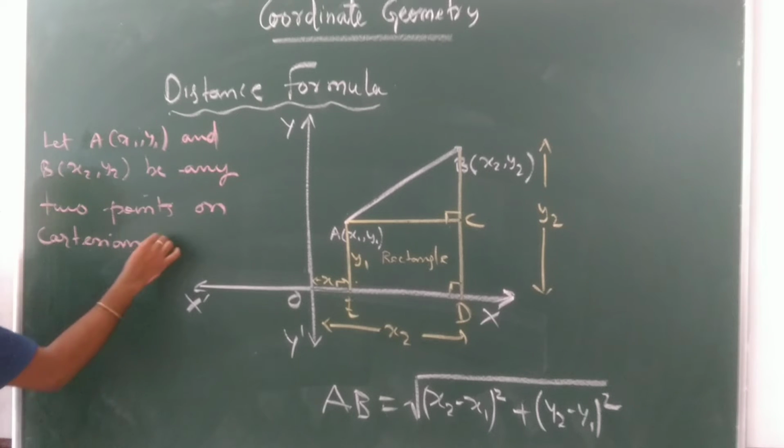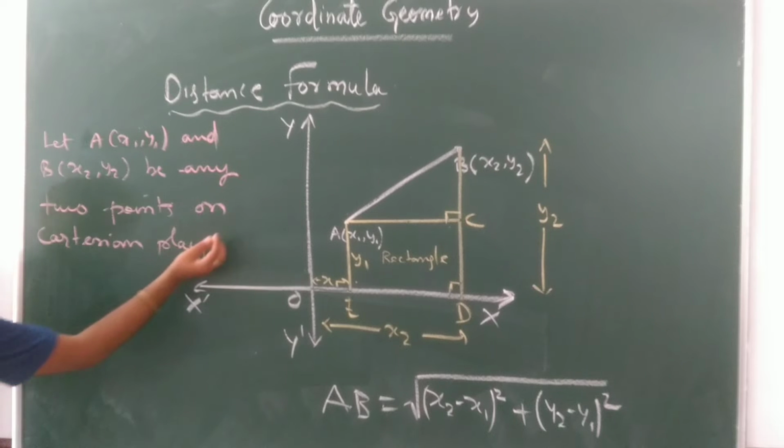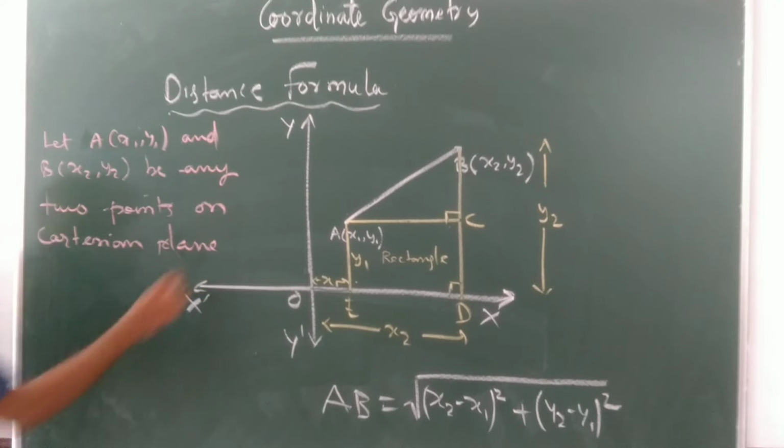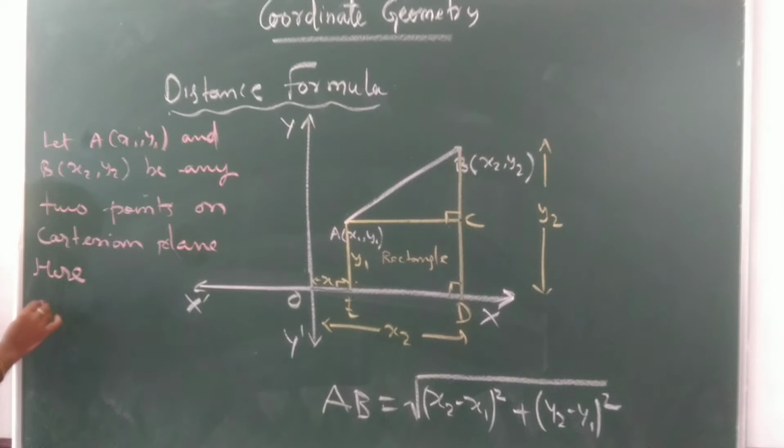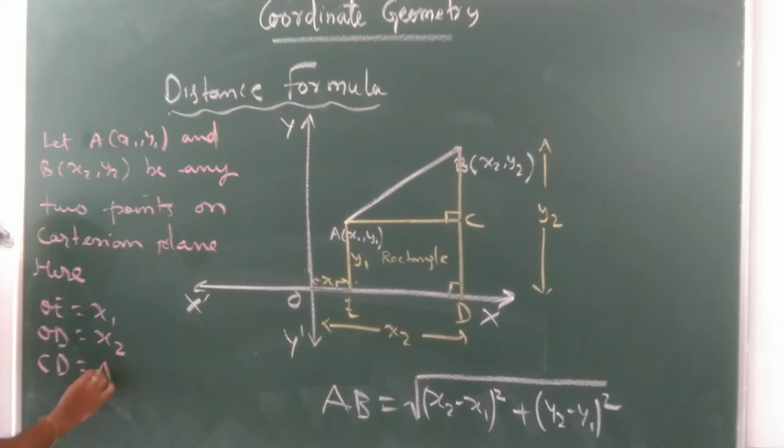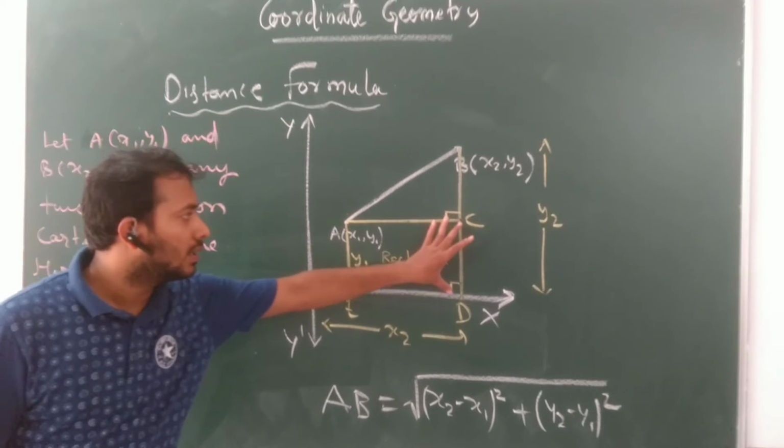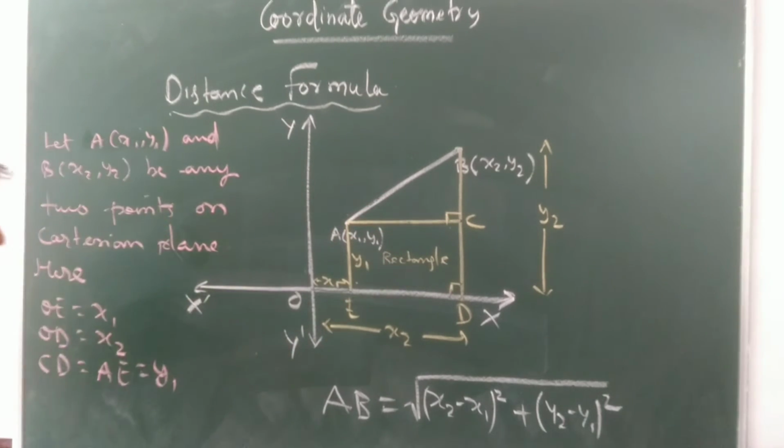Here OE equals X1, OD equals X2. Now we'll proceed for AE, that means CD equals AE equals Y1, because they are opposite sides of the rectangle.